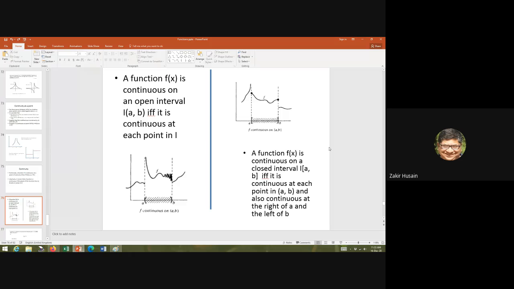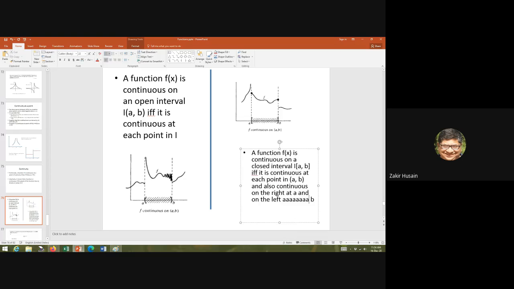A function f is continuous on an interval [a, b] if and only if it is continuous at each point in (a, b), the open interval, and also continuous at the right of a and on the left at b.